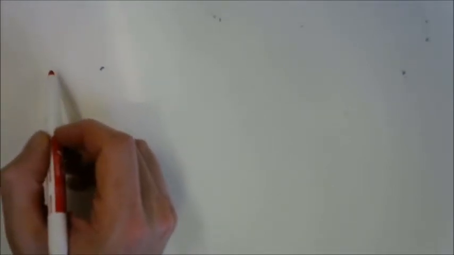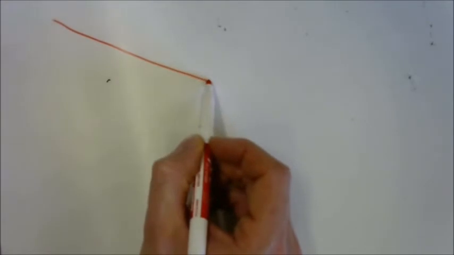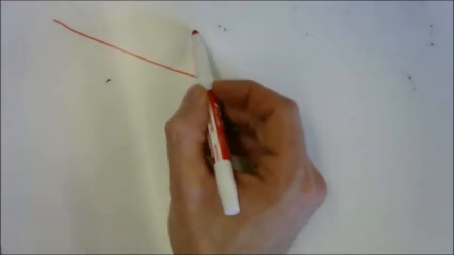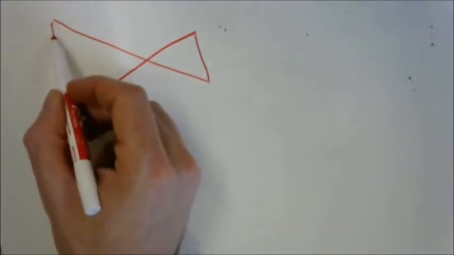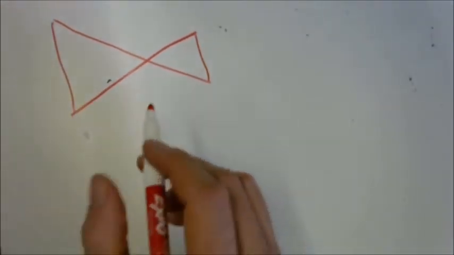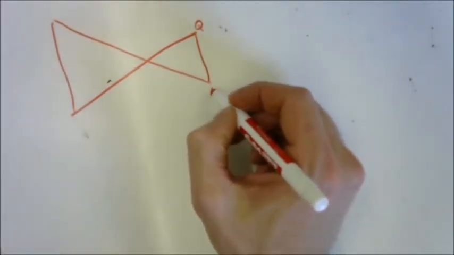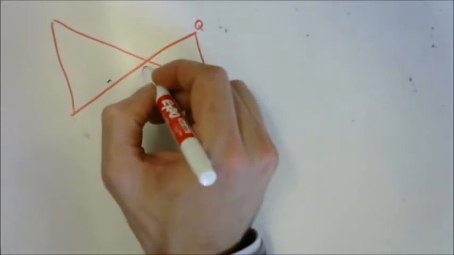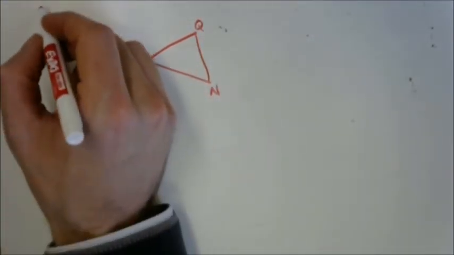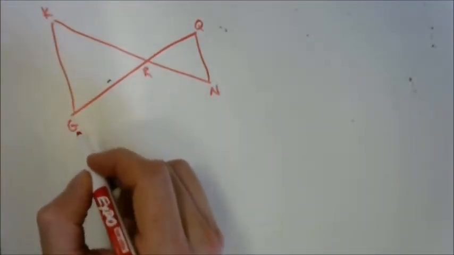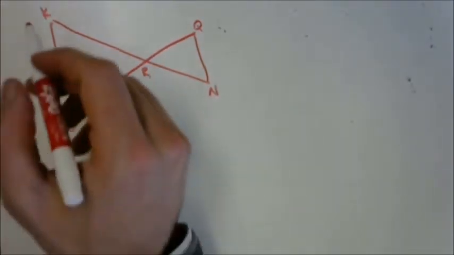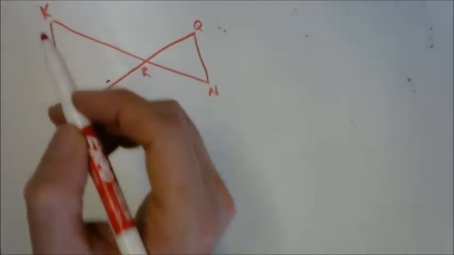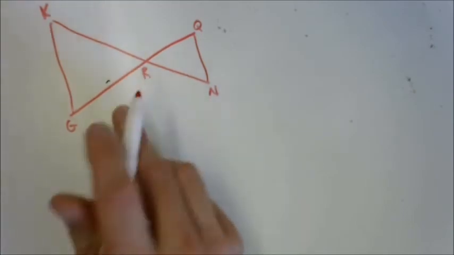We're also going to label each of our angles, but copy my angles so that we end up with the same names for our line segments. My picture is not going to be as pretty as yours. You're going to have Q, N, R, and then at the top K and G. And we always label our points with capital letters.